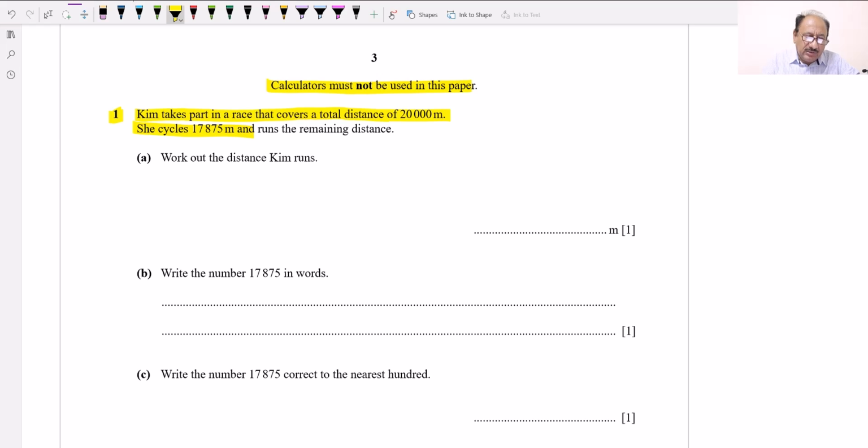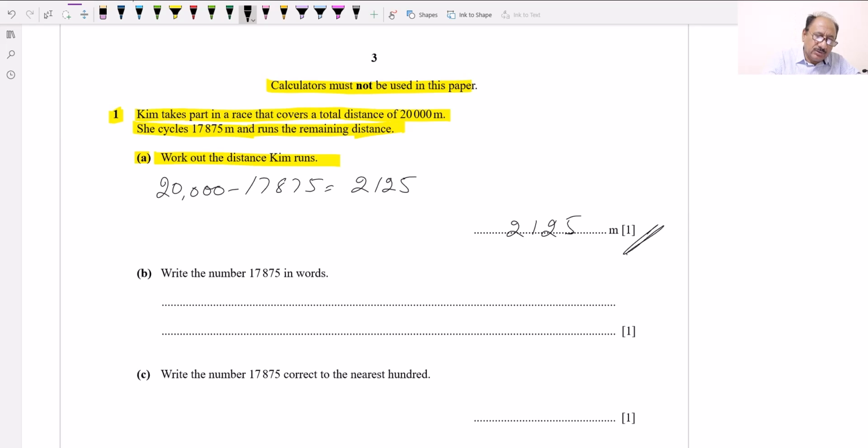She cycles this many meters and runs the remaining distance. Part A, work out the distance Kim runs. We can take 20,000 and subtract 17875, and the remaining will be 2125. This is just simple subtraction, so I will not be wasting time on it. And this is a 1 mark part.